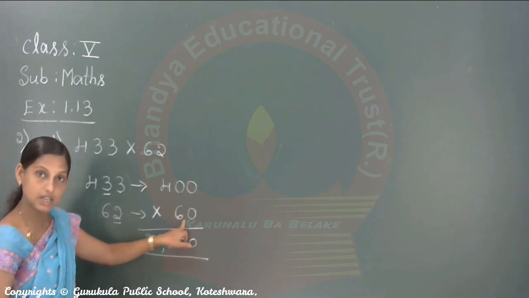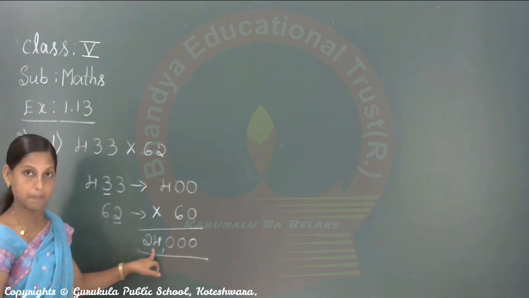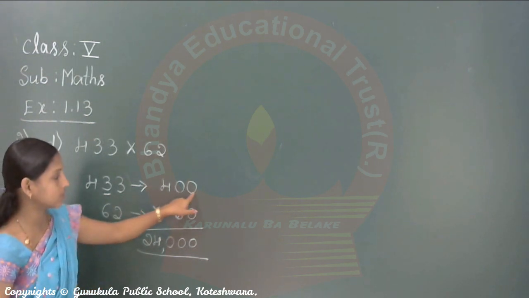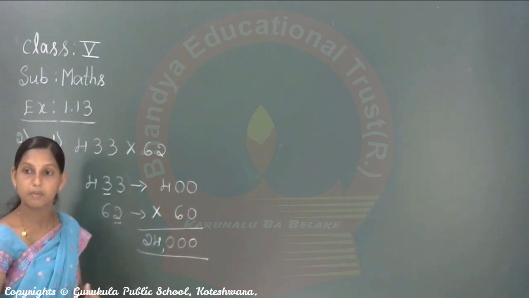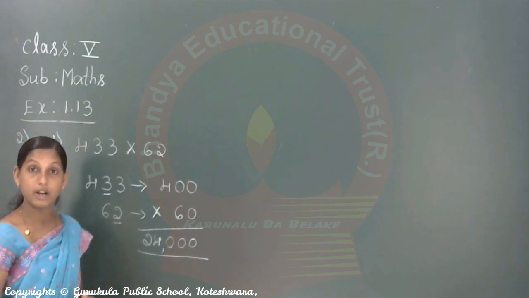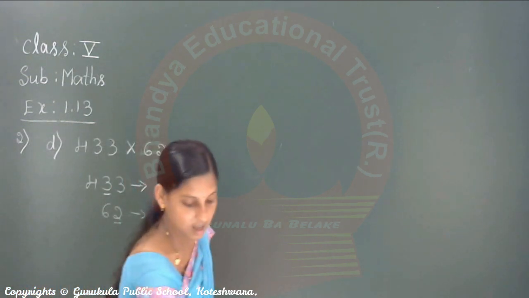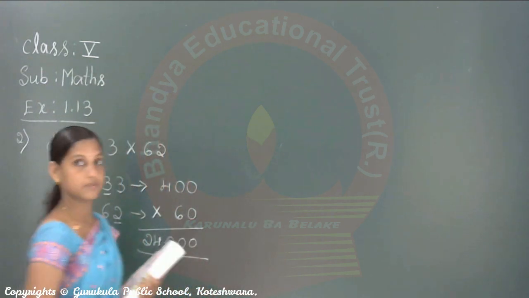Count the zeros: 1, 2, 3. Together 3 zeros are there. So it is 24,000. 24,000 is the answer.